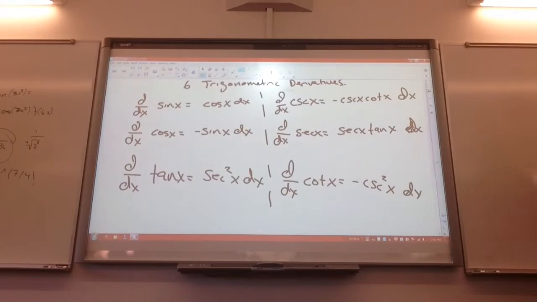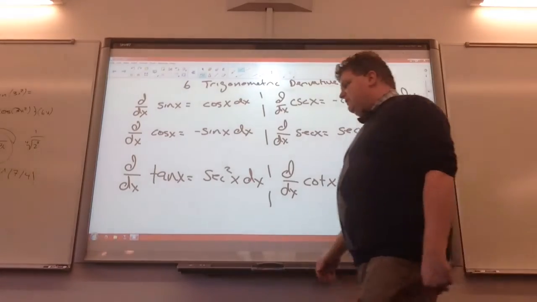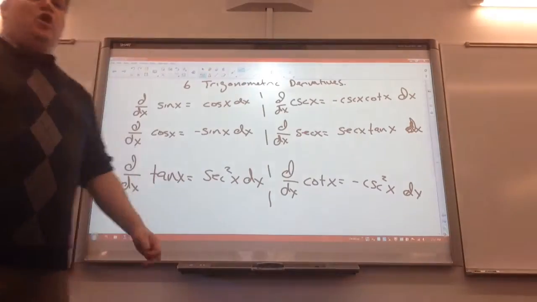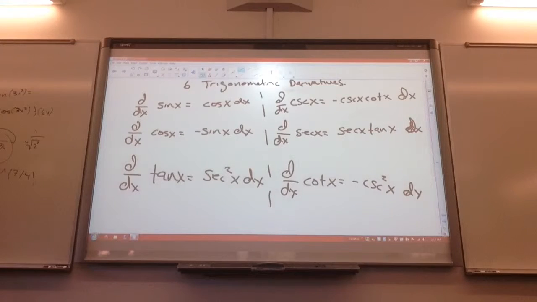Well, the derivative of the secant is the secant tangent, so it's going to be the secant of 3x times the tangent of 3x, times whatever the derivative of 3x is, which is 3. And so that's my answer. That's what the dx there stands for. I just will account for that. It's basically telling you I'm going to do the chain rule to these things. But these are the six trigonometric derivatives.